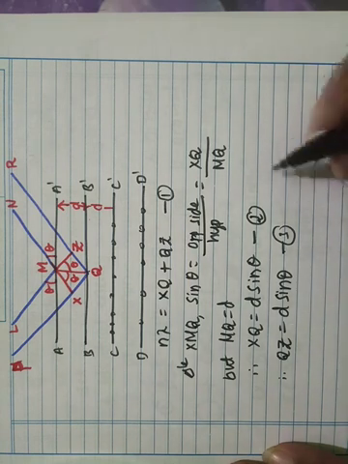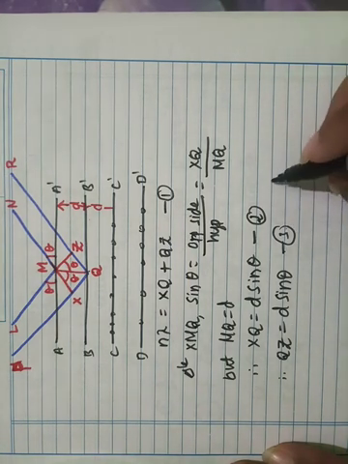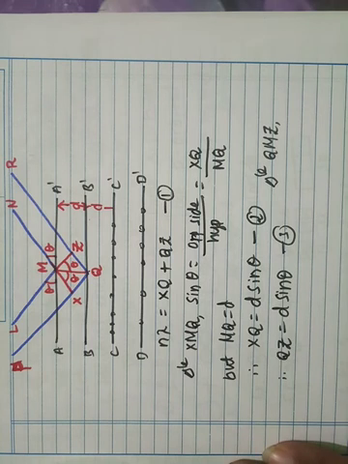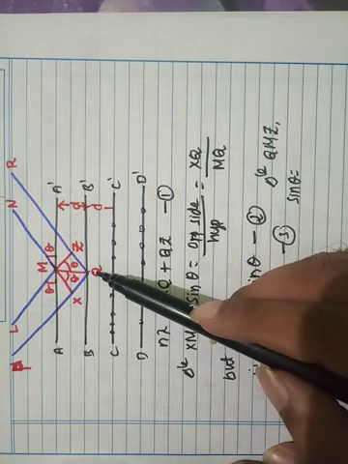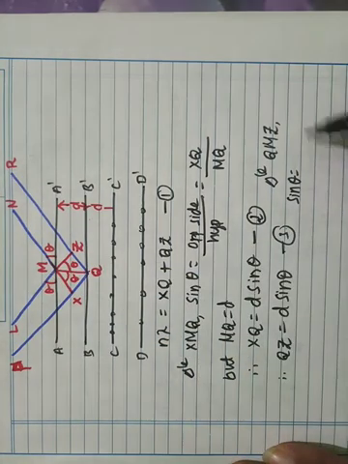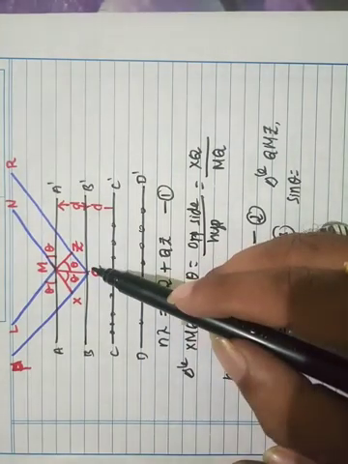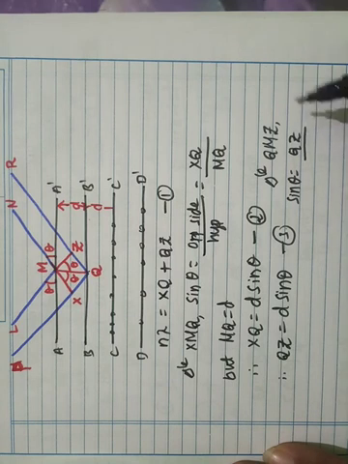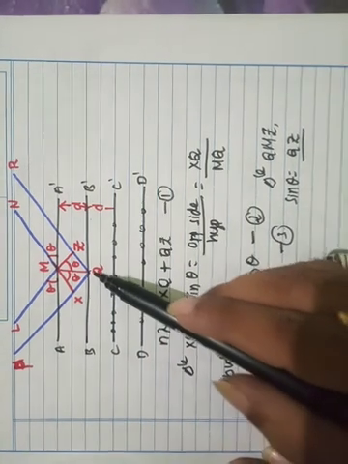Similarly, for this equation we have to consider the triangle QMZ. For this triangle QMZ, sin theta is given by the opposite side, that is QZ, divided by the hypotenuse, that is MQ.